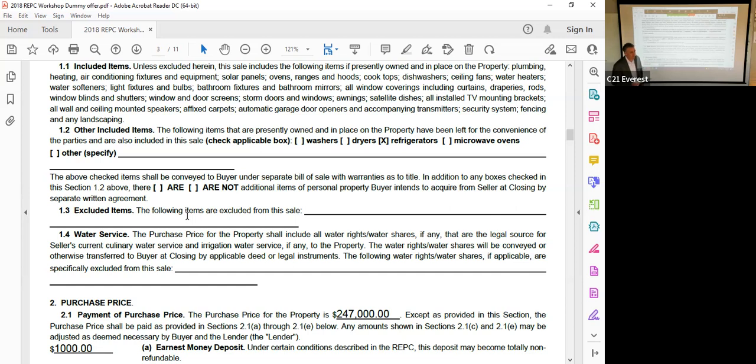The MLS doesn't mean anything. Perfect, that's exactly the discussion I wanted to have. Even though it suggests that the refrigerator is excluded on the MLS, it doesn't matter.